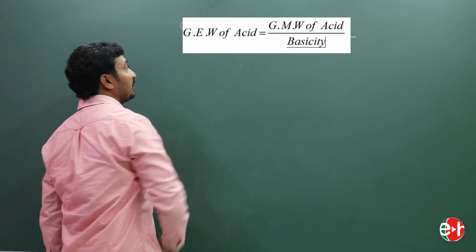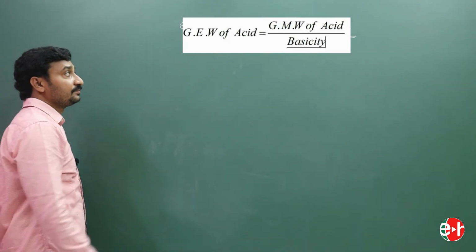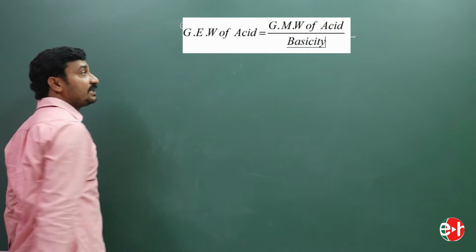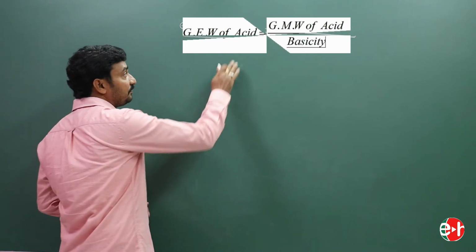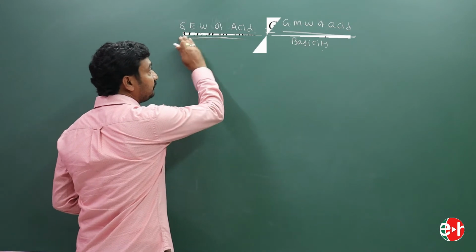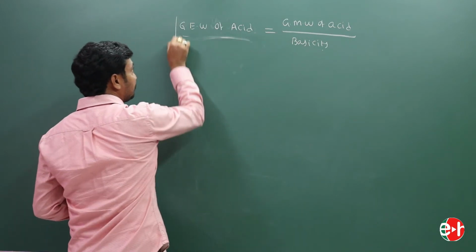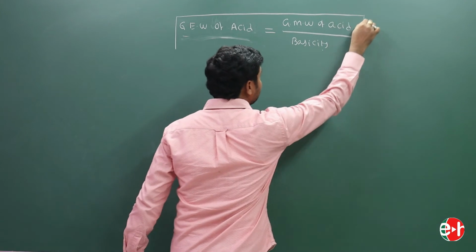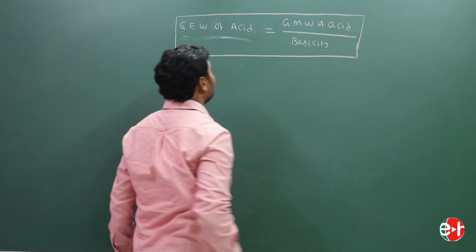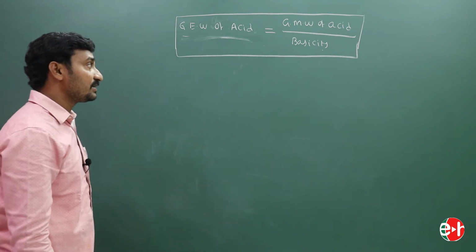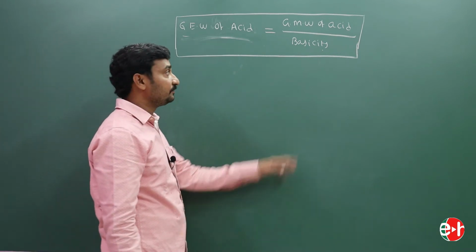What is the formula for gram equivalent weight of acid? It is equal to gram molecular weight of acid by basicity. Gram molecular weight we know, that is constant. If we know the atomic weights of elements, then we can find gram molecular weight. Here we have to discuss what is basicity.